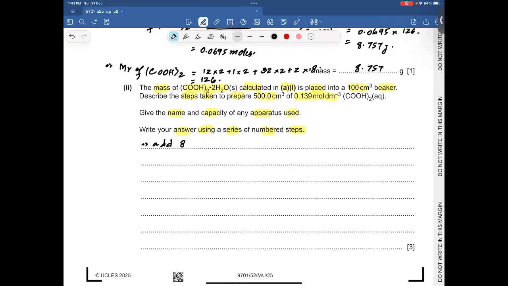Add 8.757 gram of solid acid into 100 cm cube of beaker.